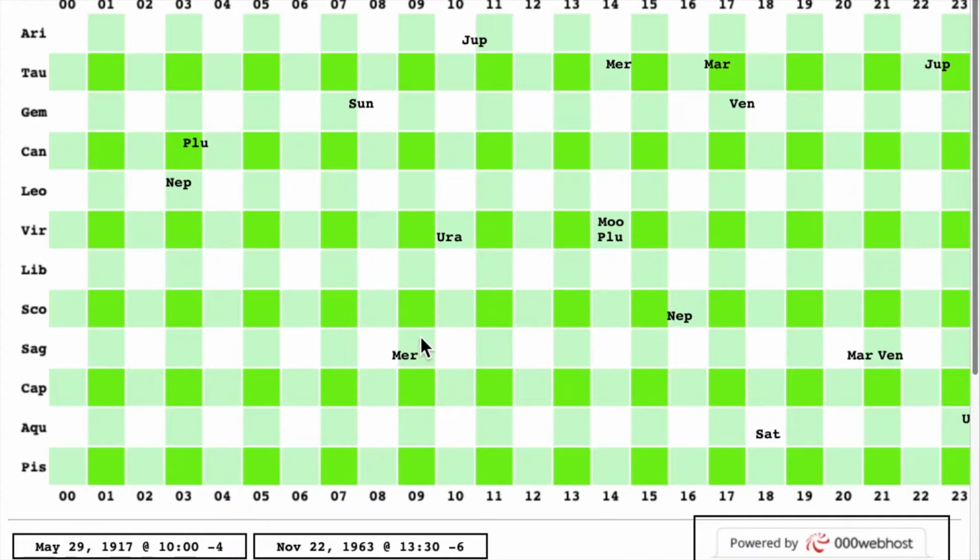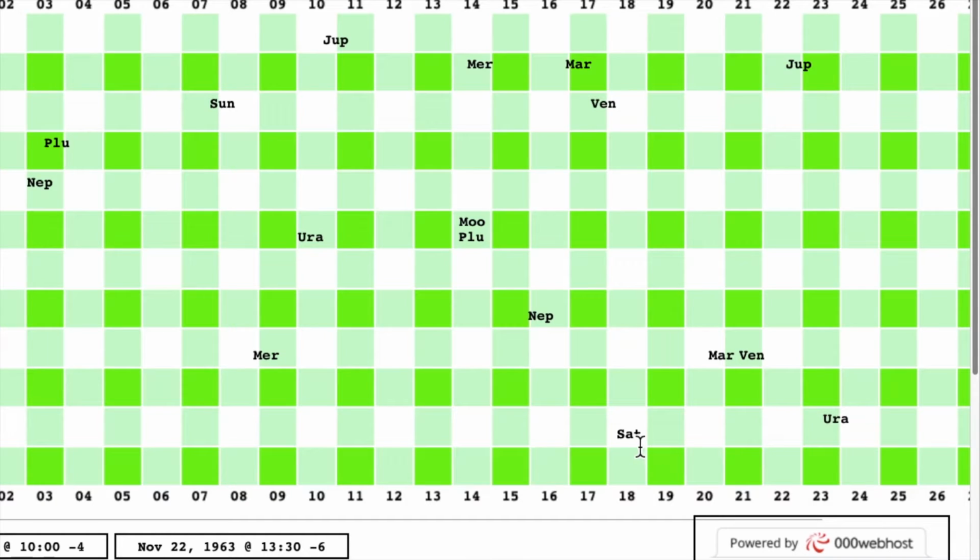So we have natal Sun opposition transiting Mercury, and we have natal Sun square Uranus. So if we count all the squares, here's just 2 of them. There's many more of these in this chart. So we got 1, 2.